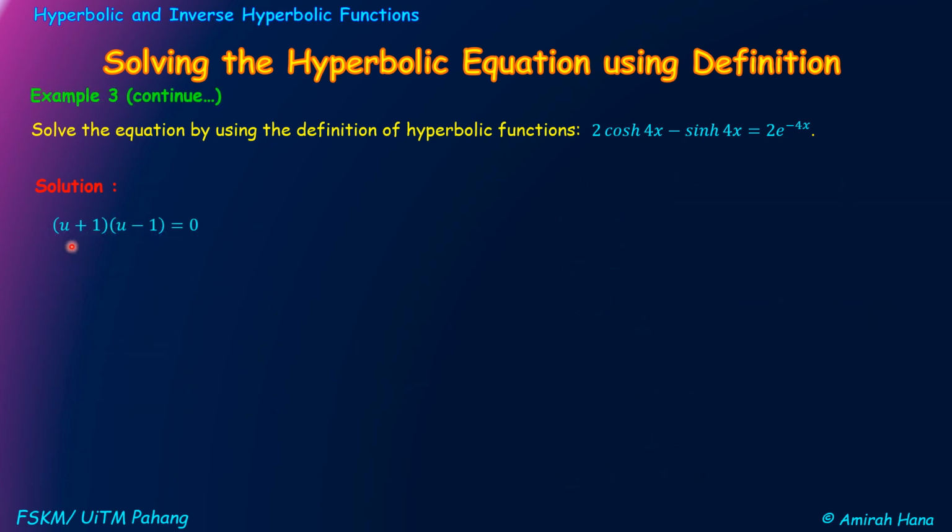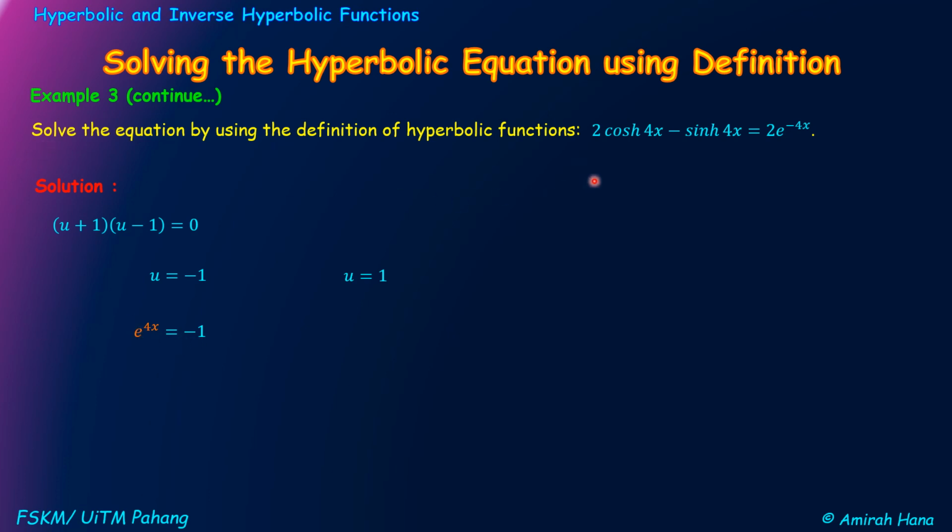From the previous slide, we get u plus 1 times u minus 1 equals to 0. Then we equate each factor to 0. So we have u equals to negative 1 and u equals to 1. From the previous slide, our u equals to e to the power of 4x. And then we equate to negative 1. Now we want to solve.